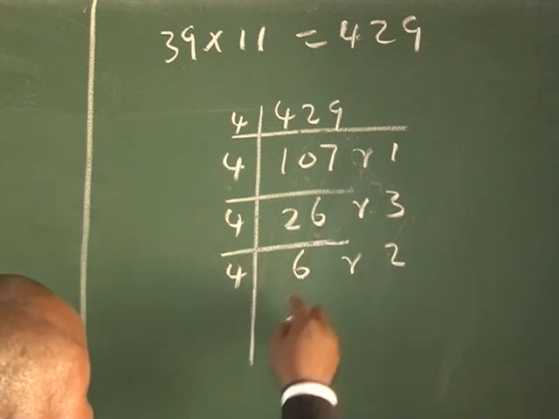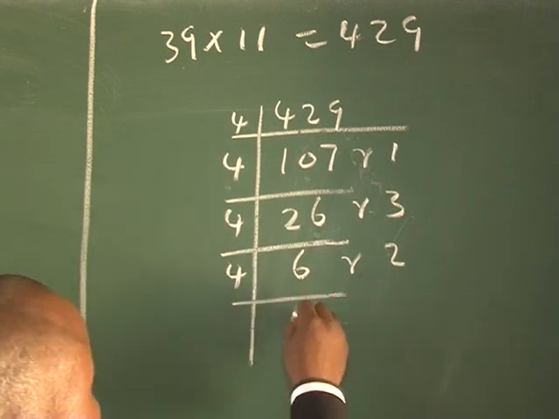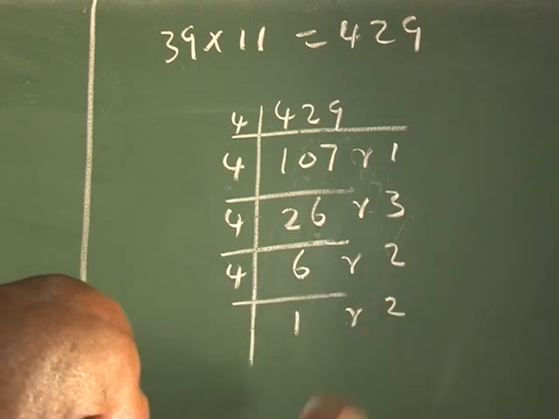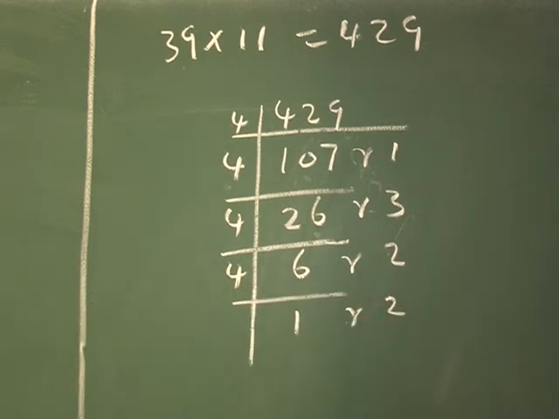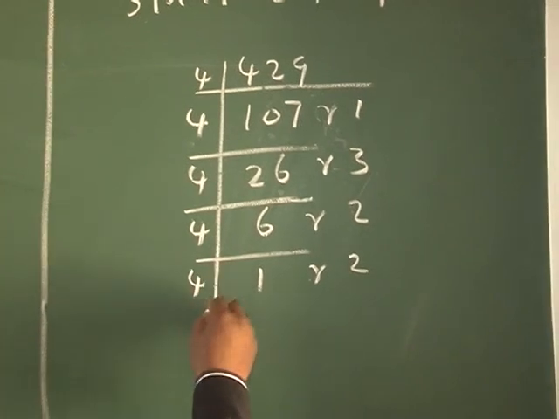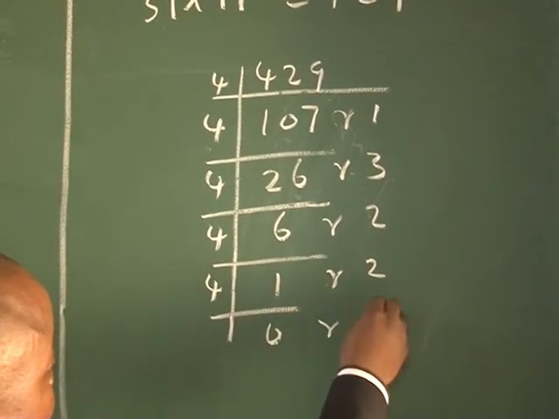Then 6 divided by 4 gives us 1, remainder 2. Then 1 divided by 4 gives us 0, remainder 1.